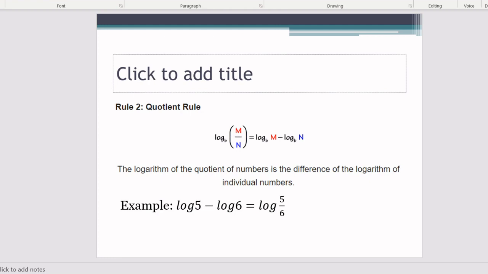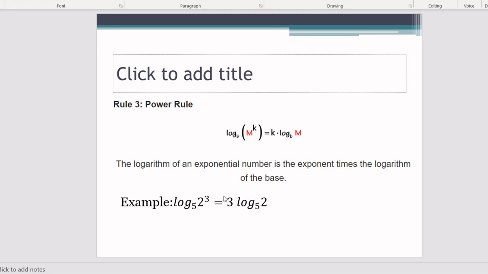Now let's move to the quotient rule. If this is your given, then the equivalent is this. Once again, to prove that this is equal, you need to input it in your calculator. All right, for the power rule, let's say for example you have log base 5 of 8.